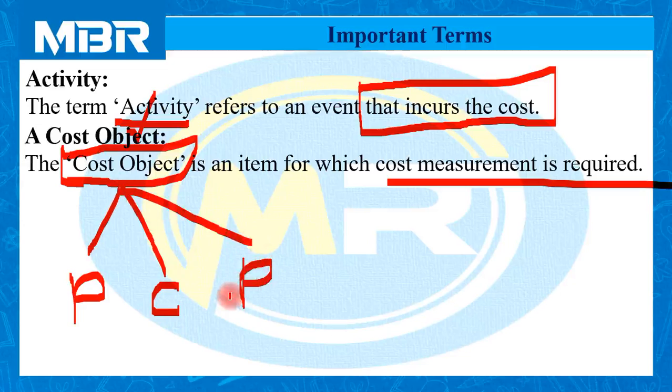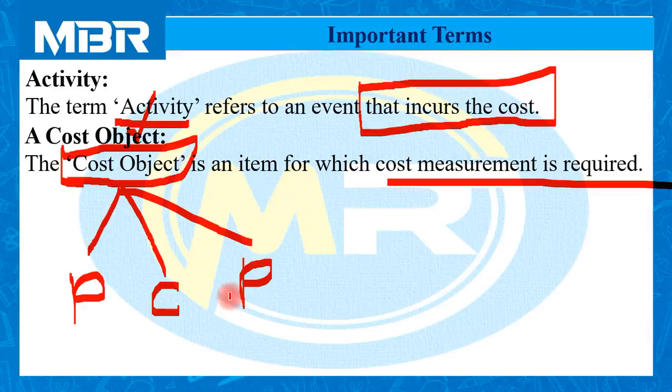Say, for example, if we are paying something on polishing the product, you can say polishing is an activity and the cost object is per unit of a product.